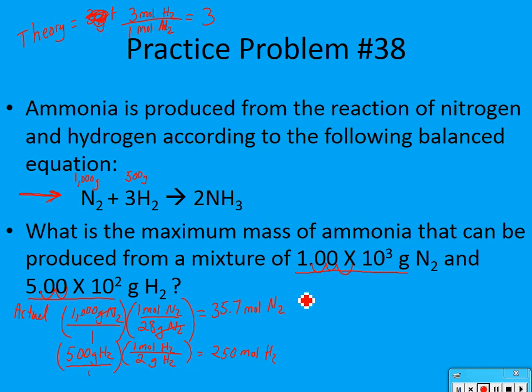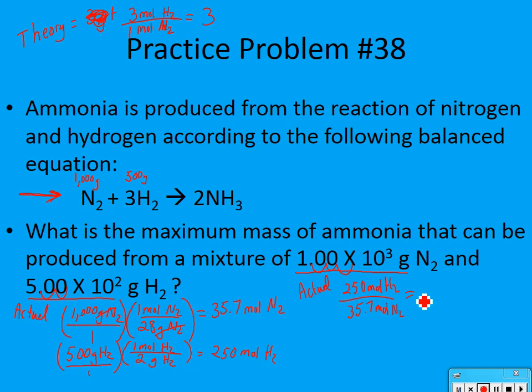Okay, so in actual, we have, now we have to keep the same order. I put moles of hydrogen on top, so I got 250 moles of H2. And I put moles of nitrogen on the bottom, so I got 35.7 moles of N2. Now let's do a decimal just to complete this one.